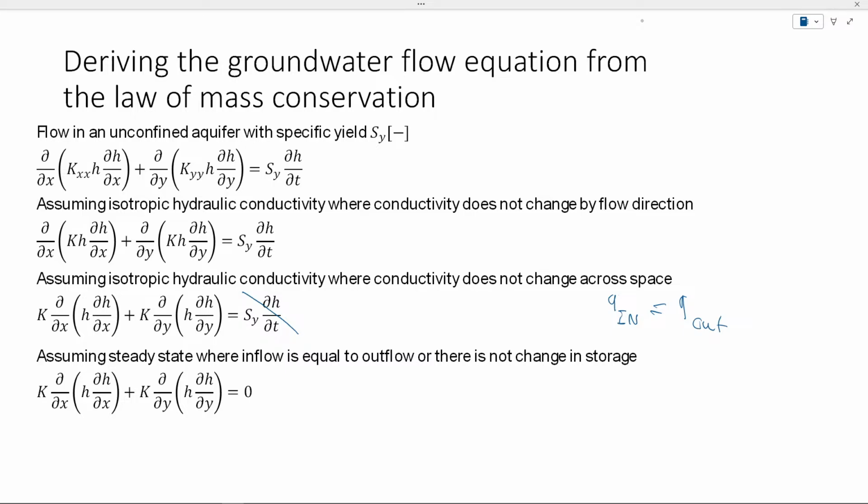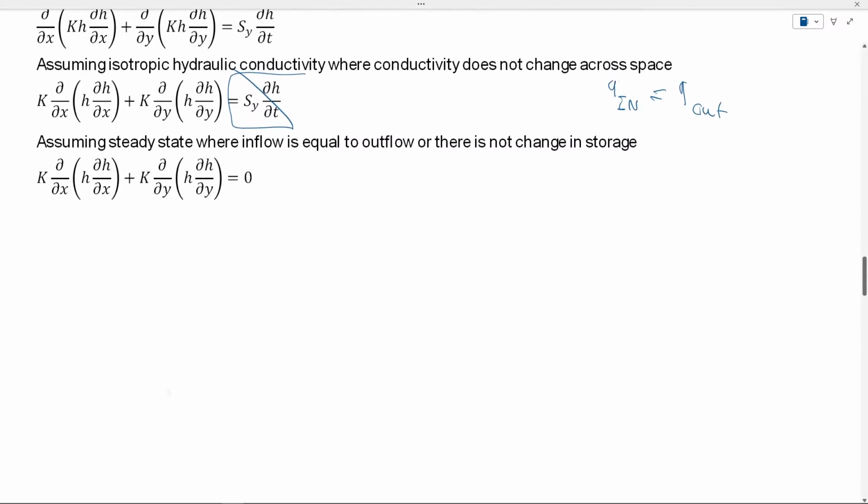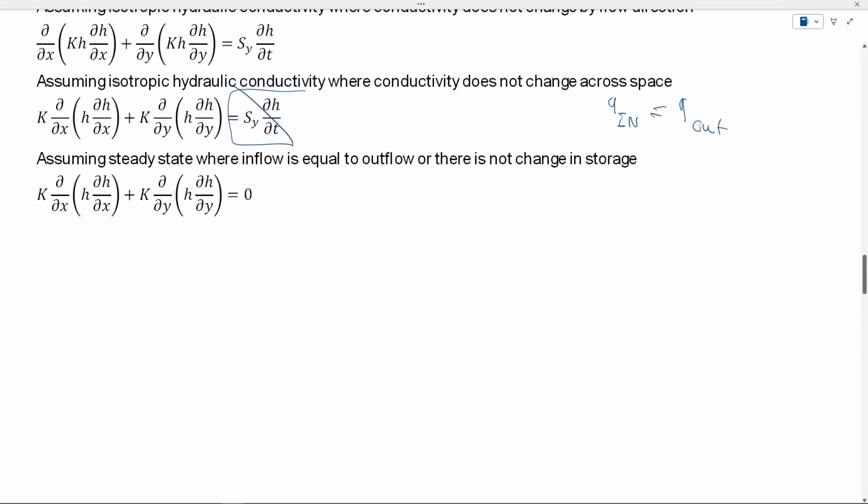The change in storage is basically equal to 0, so there's no change in time. Then I can get rid of this term. So here, assuming a steady state where inflow is equal to the outflow with no change in storage, I simplified it like this.